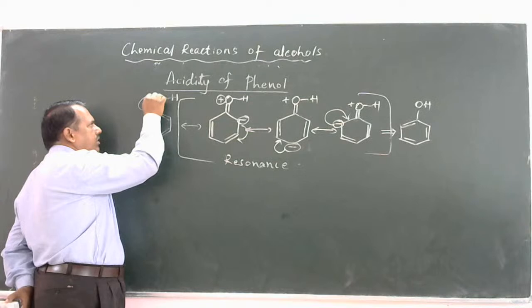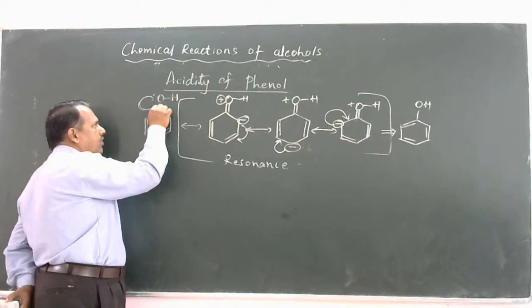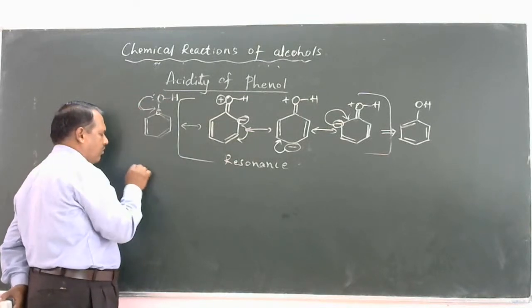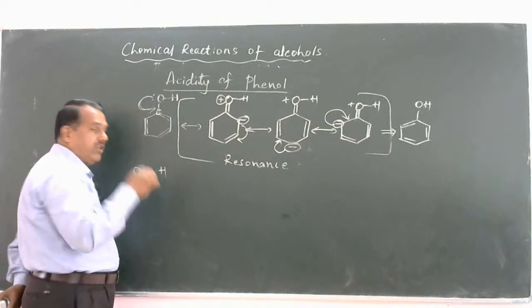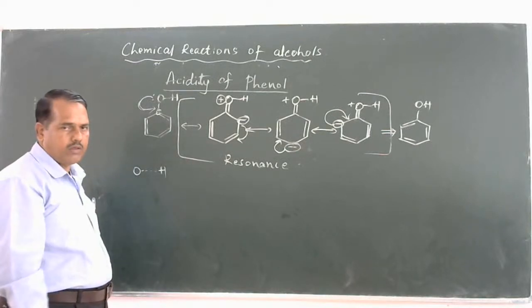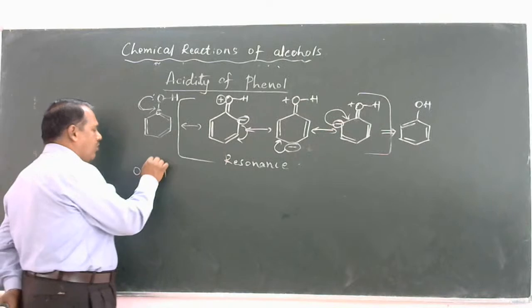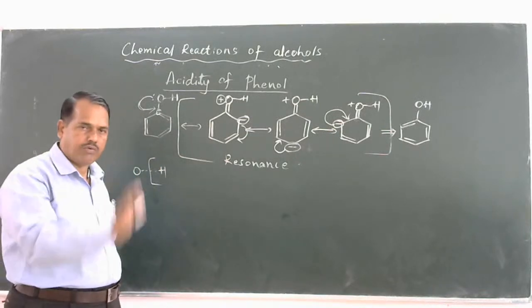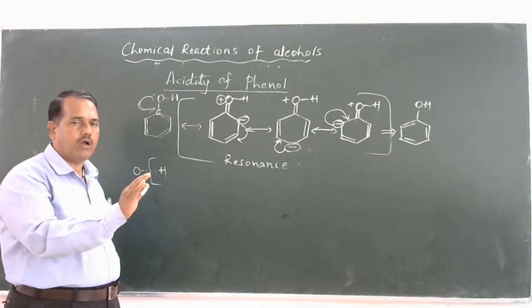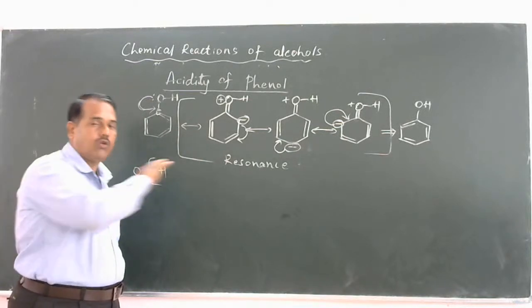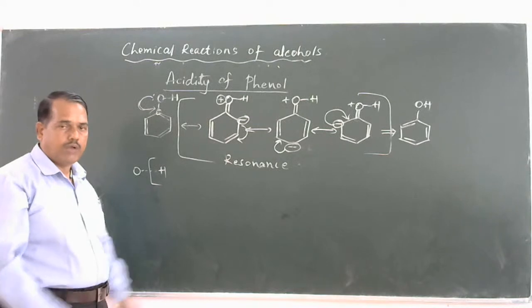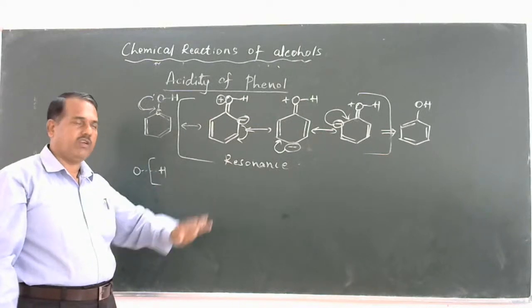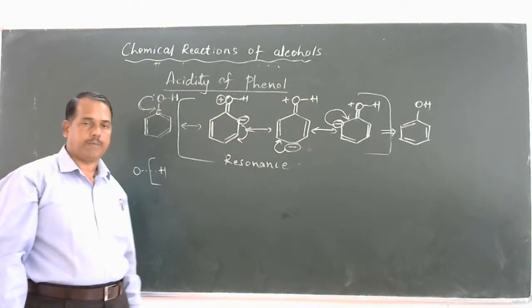Again, this is a lone pair here. So therefore, the O to H bond ionizes easily, and the hydrogen atom can easily be removed. So therefore, phenols are more acidic than alcohol, and phenols are stronger acids even than water.